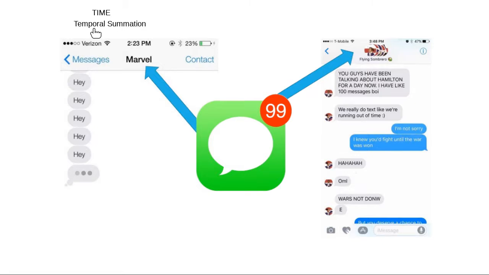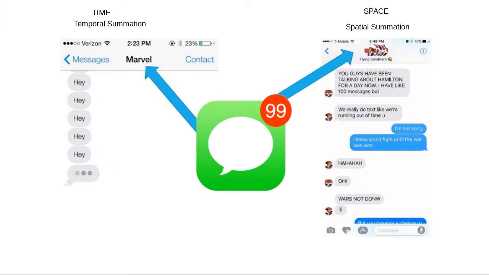More likely though, when we're thinking about a neuron listening to more than one message, usually they're getting those messages from more than one source. That's something called spatial summation. Spatial summation, that first word spatial means space or distance, area maybe.